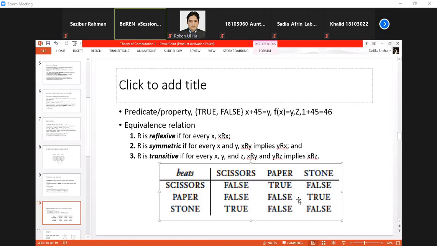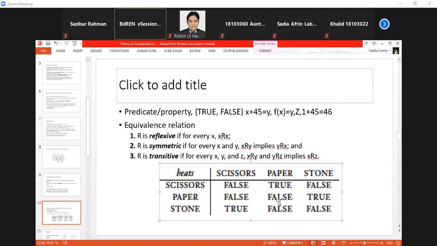So we can describe any function either by calculating the values of the function, or by using a table for the value calculation.